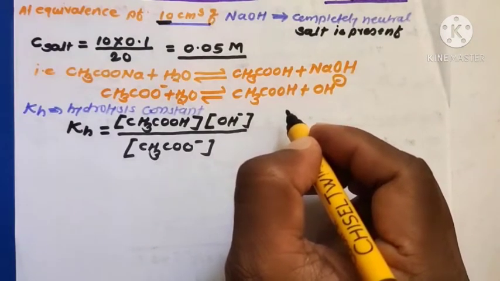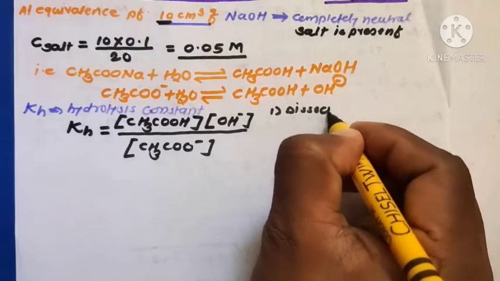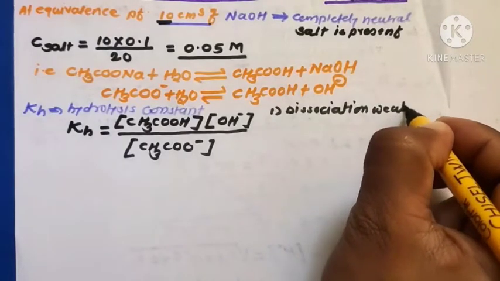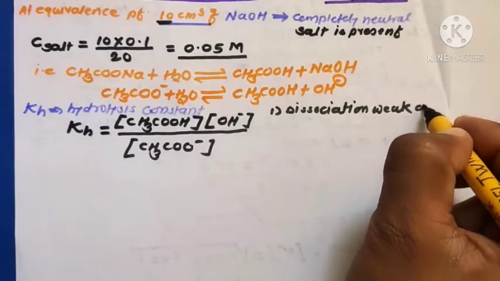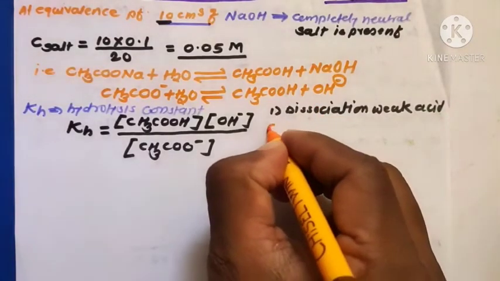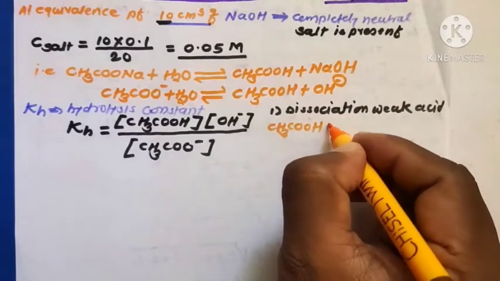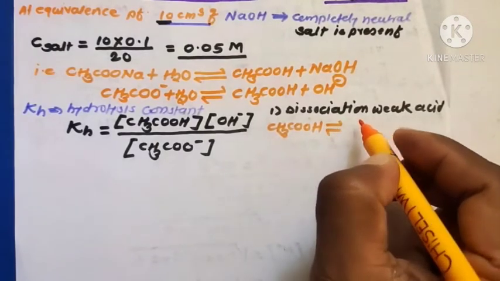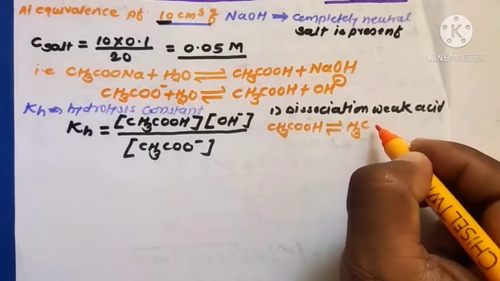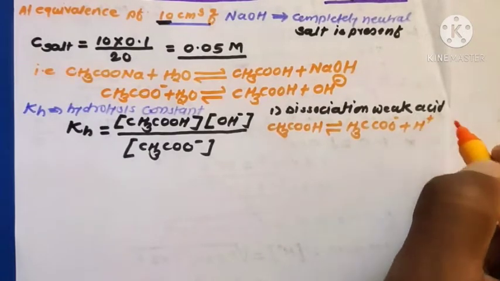In the solution, there will also be two more equilibria, namely the first one, dissociation of weak acid, CH3COOH, which can dissociate to form CH3COO minus plus H plus ion.